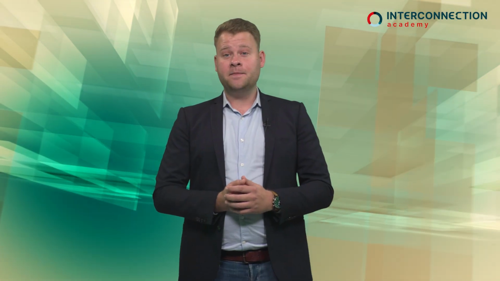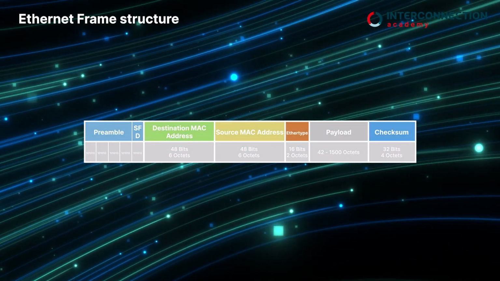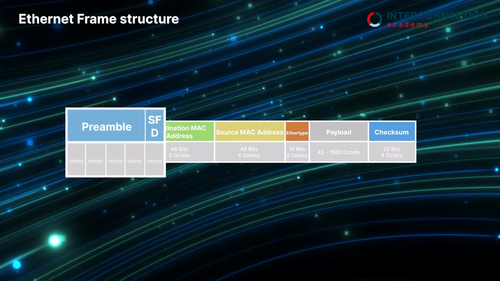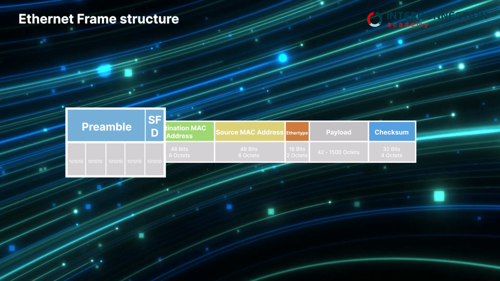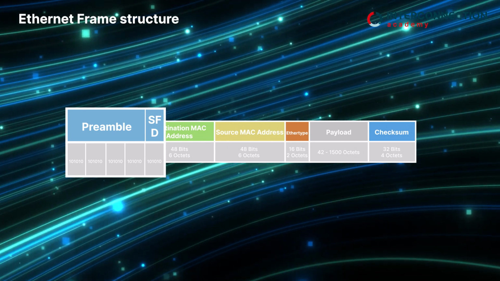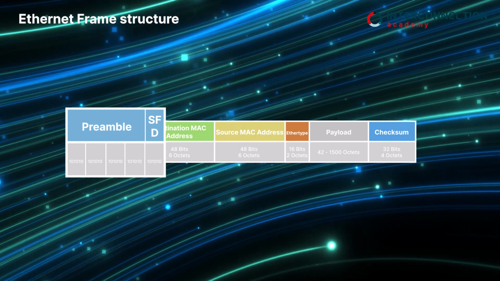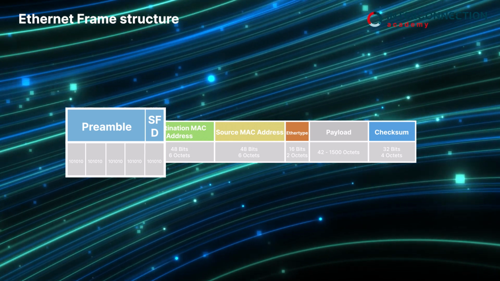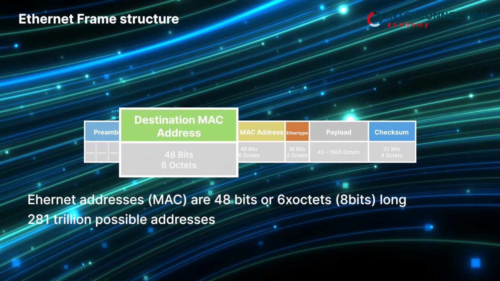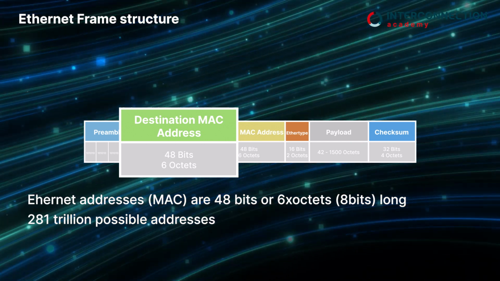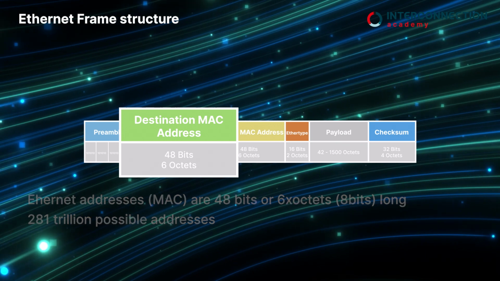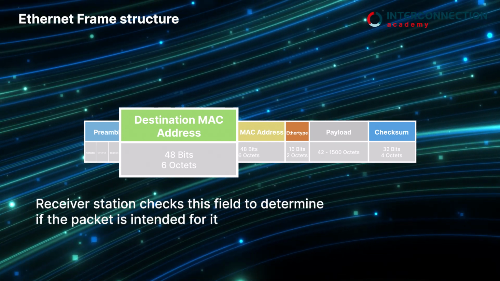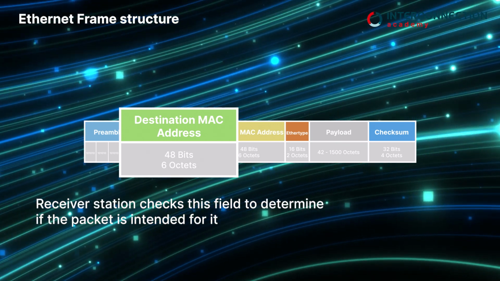The Ethernet frame begins with a preamble which consists of a specific pattern of numbers, namely 1, 0, 1, 0, 1, 0, to aid in the synchronization and decoding of the rest of the frame. Following the preamble, we have the destination address field. As mentioned earlier, the receiver station checks this field to determine if the frame is intended for it.